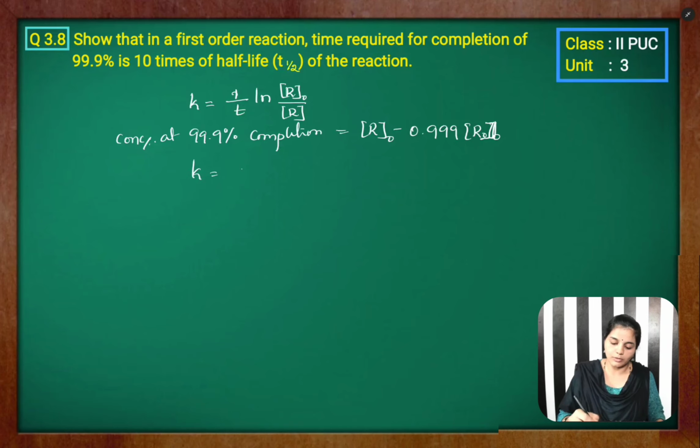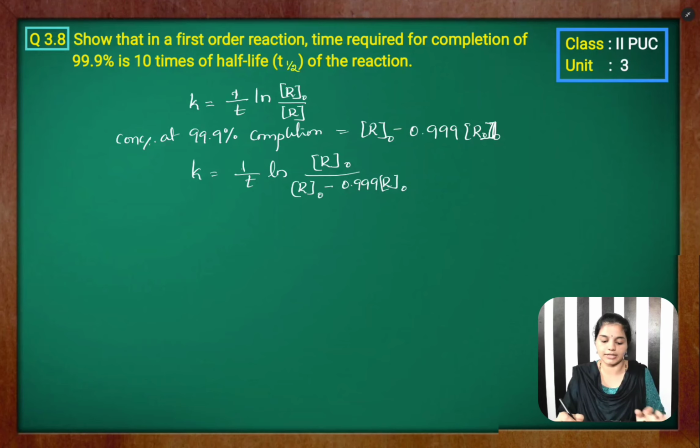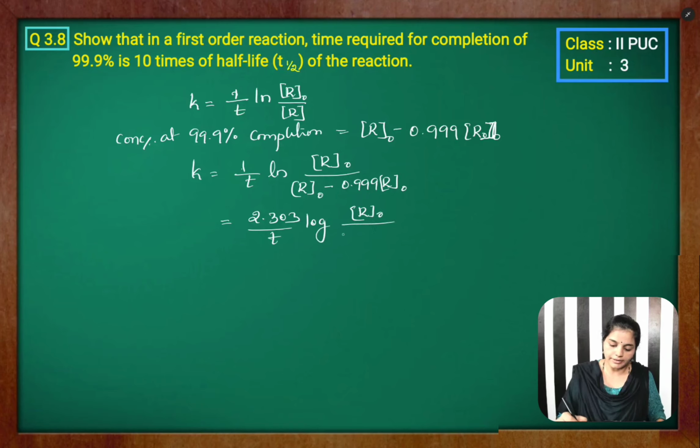So rate constant is 1 by t ln of R naught divided by R naught minus 0.999 times the initial concentration. So this I can write as 2.303 divided by t log of R naught divided by, taking out R naught as a common term in the denominator, 1 minus 0.999. So R naught and R naught get cancelled.